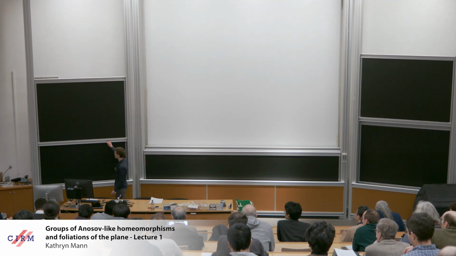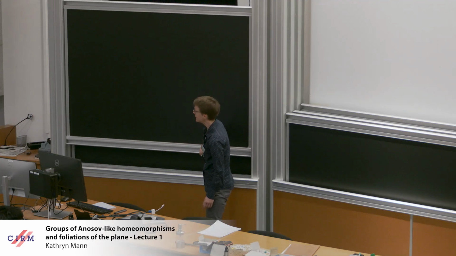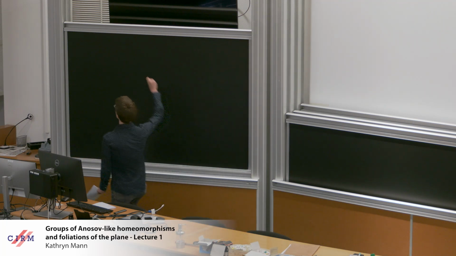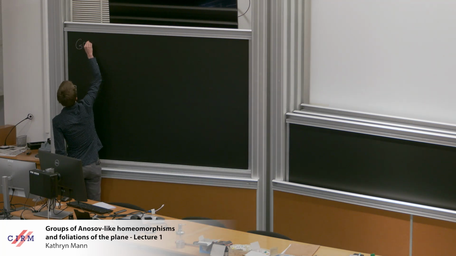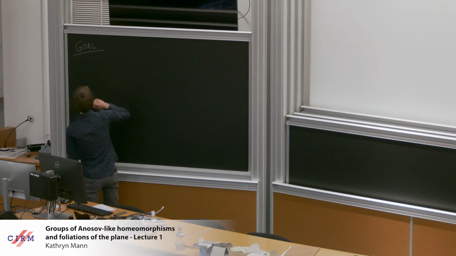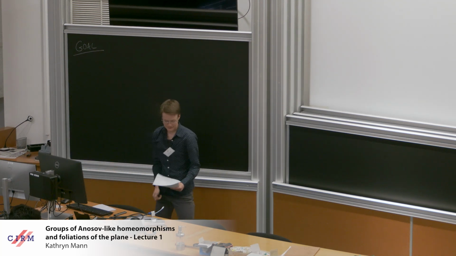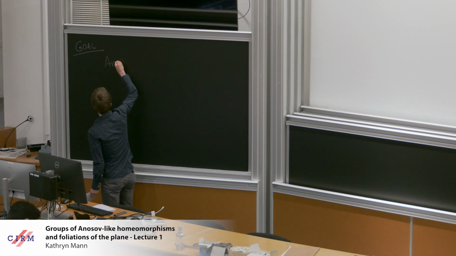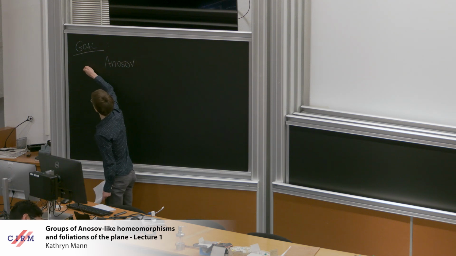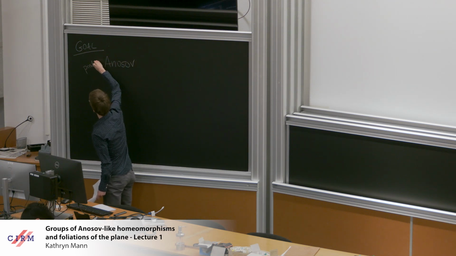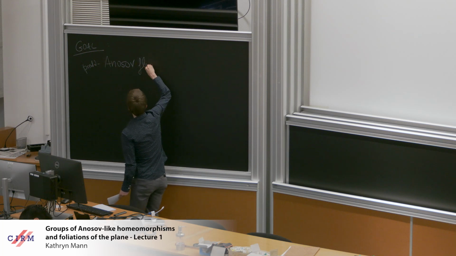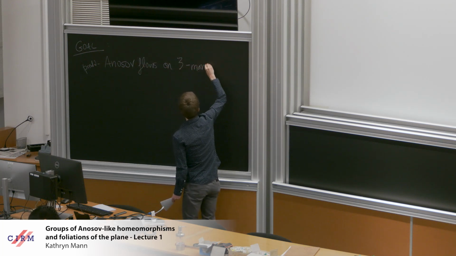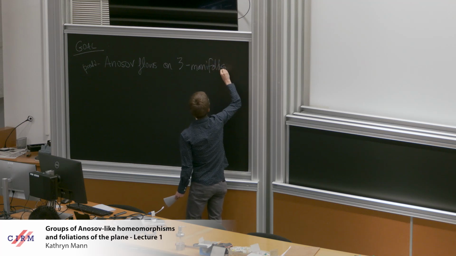My goal in this mini-course, or at least for the first part of it, very broadly, is that I want to motivate and discuss the relationship between Anosov, or even pseudo-Anosov, flows on three manifolds, all to be defined.